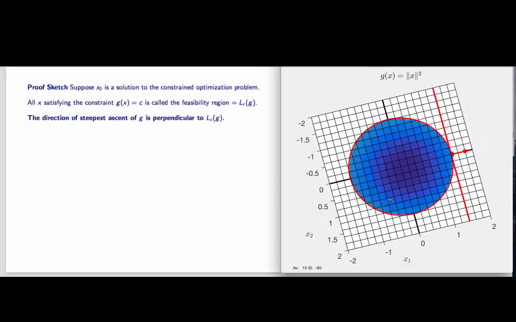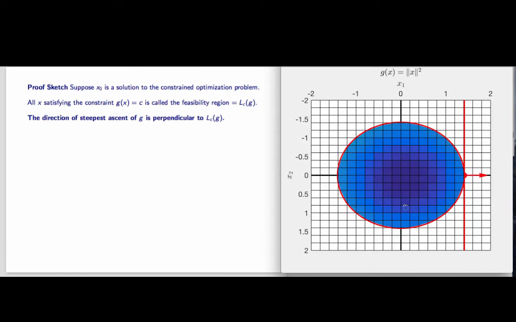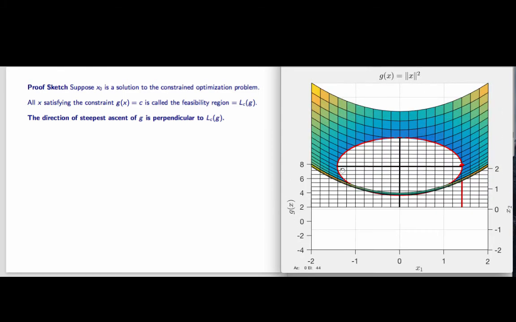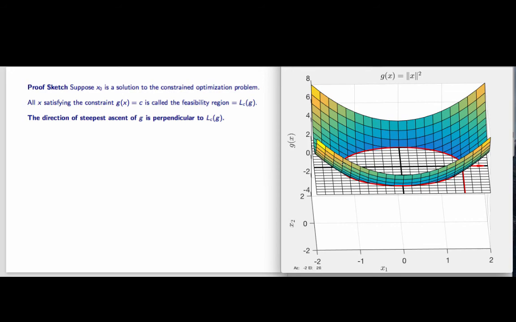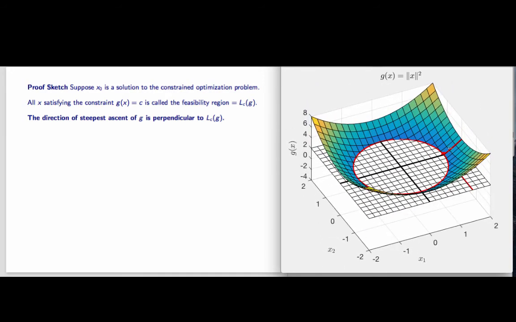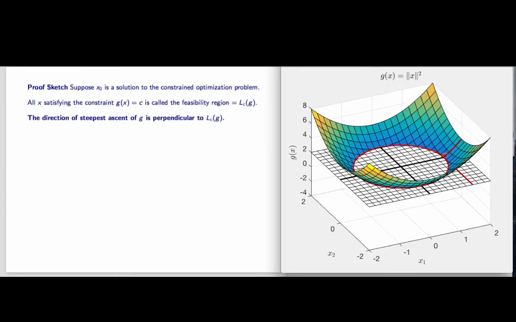And notice that this red arrow is perpendicular to the tangent line, which is to say that it's perpendicular to the curve at this point. And in fact, if I evaluate g in that direction, I get this red line, and we can see that it is the direction of steepest ascent. Right, if I'm here and I want to increase fastest, then I would go in that direction. Okay, so we see an illustration of this fact.